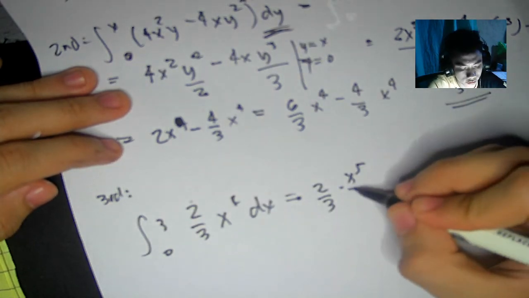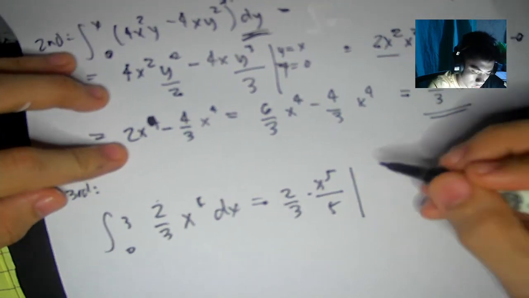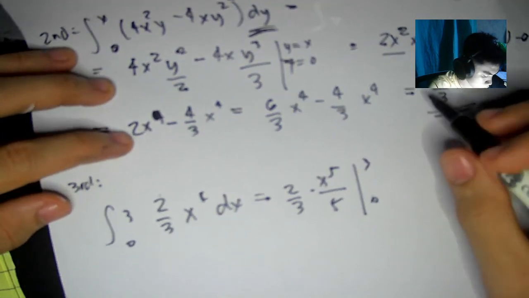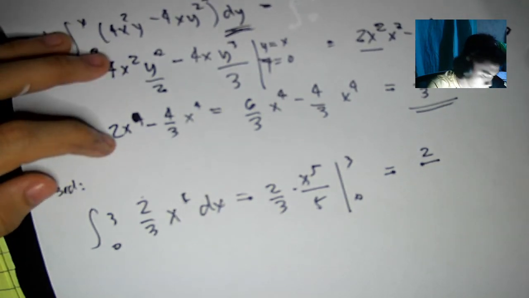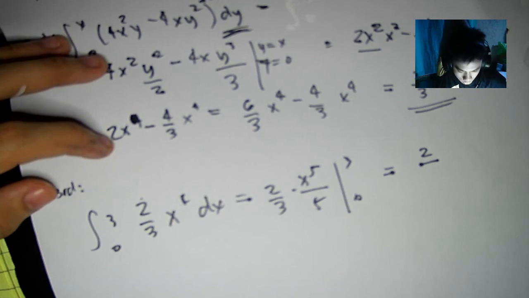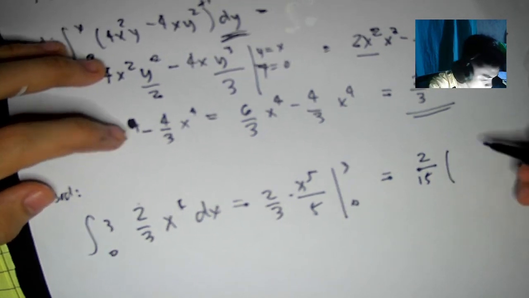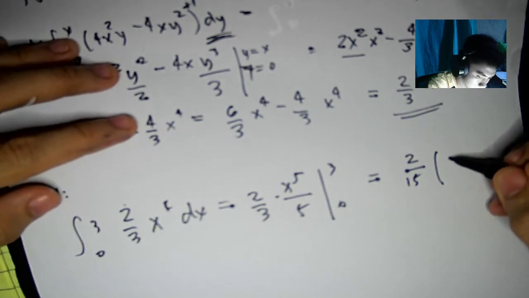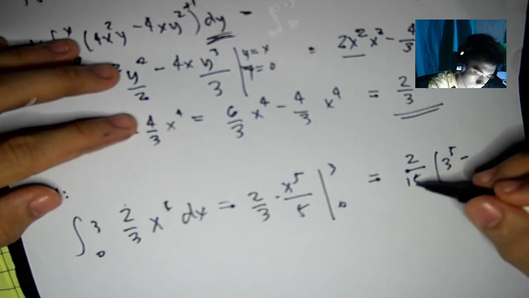It becomes x to the fifth over 5, with respect to 3 and 0. So it equals, cross multiply, 2 over 15 times x to the fifth, with the values x equals 3, 5, and 0.